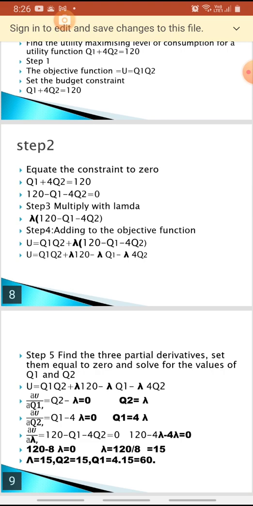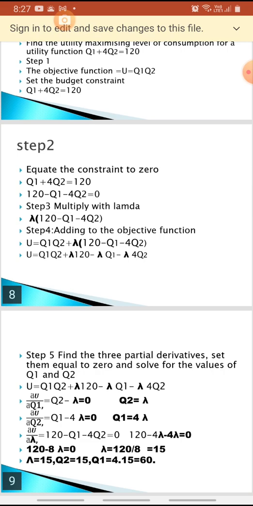First we find the differentiation of U with respect to Q1.